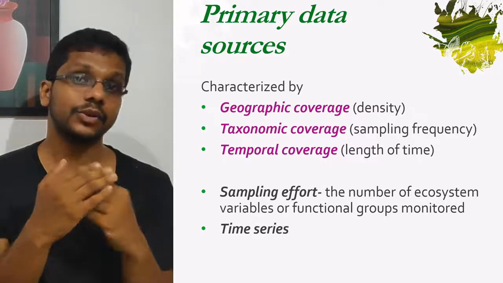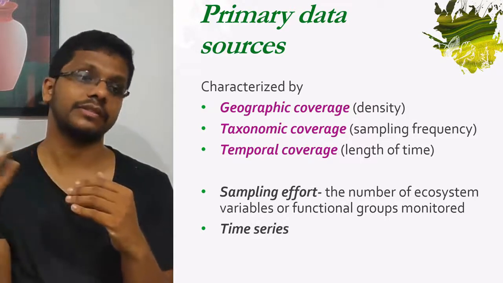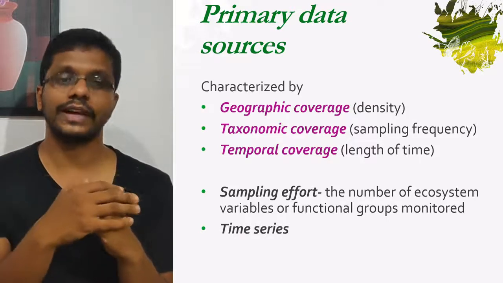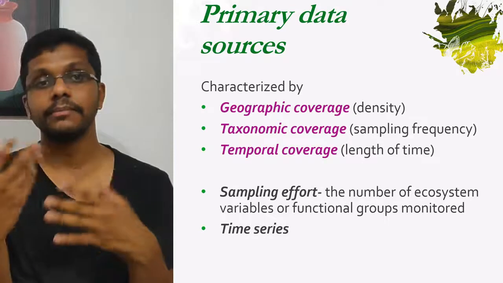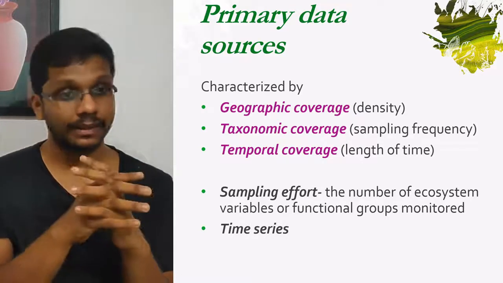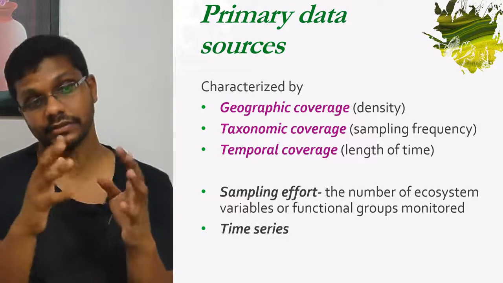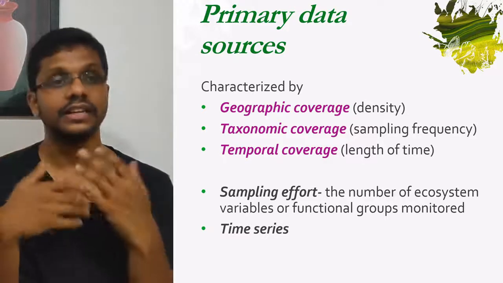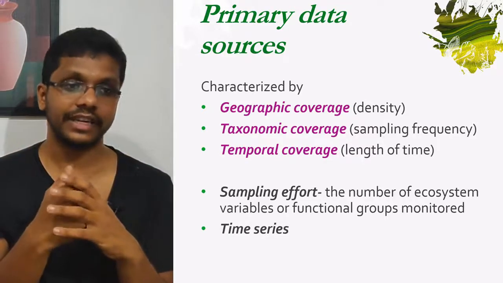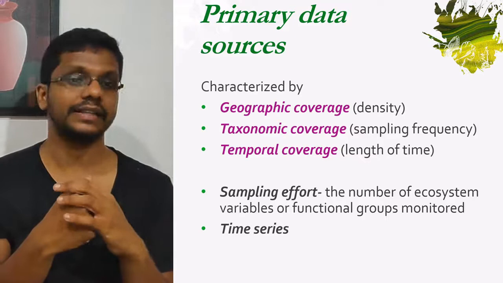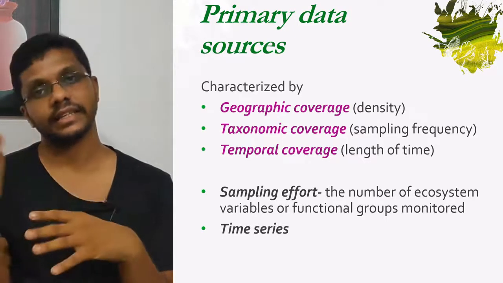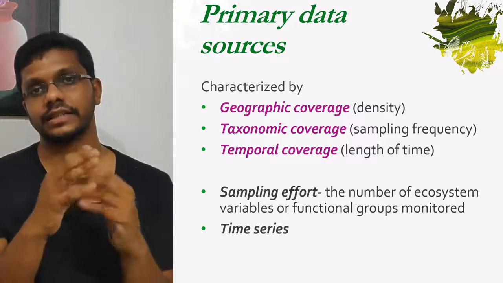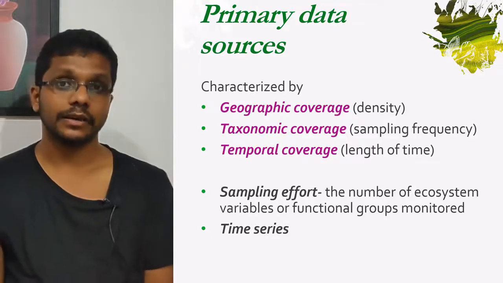If you are taking into consideration different groups of animals and different groups of ecosystem function, your data will become more and more representative. So sampling effort is another factor. If you have more sampling effort, the data will be better. And finally, we have time series, just like the temporal coverage. The duration of the study should be maximum.